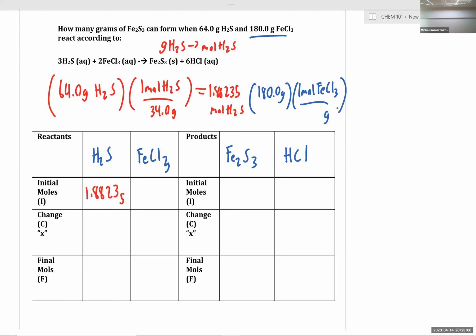So, has anyone finished calculating the molar mass of iron 3 chloride? Would someone like to provide that for the class? What's the molar mass of iron 3 chloride? You always want to make sure you can calculate your molar masses efficiently. Has anyone finished calculating the molar mass?